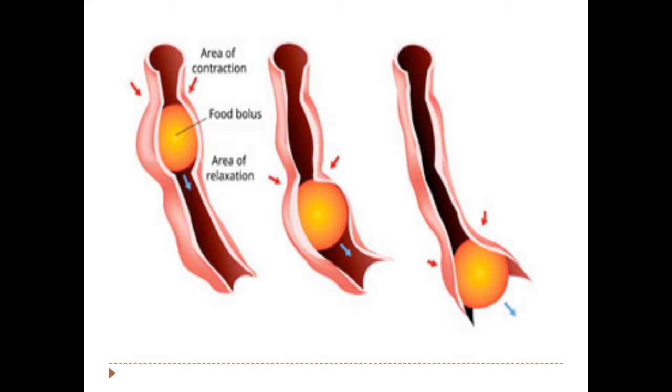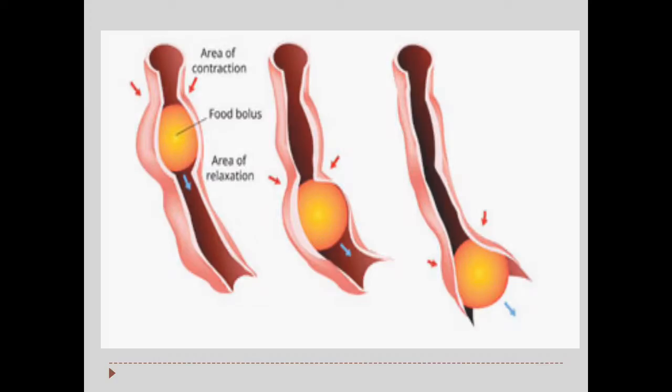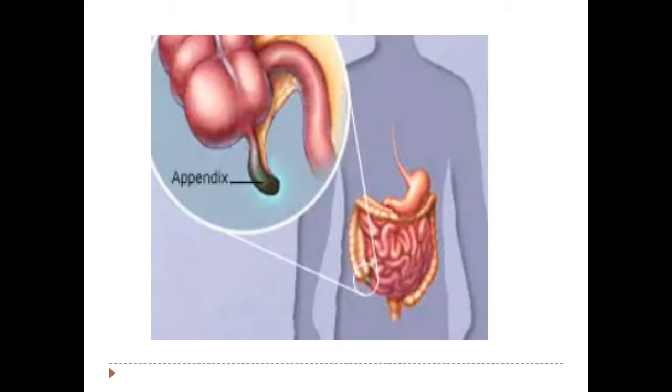Now this is the peristalsis, the automatic movement of food through the esophagus, which is actually contraction and expansion. And this is the appendix, one extended portion in between the small intestine and large intestine.